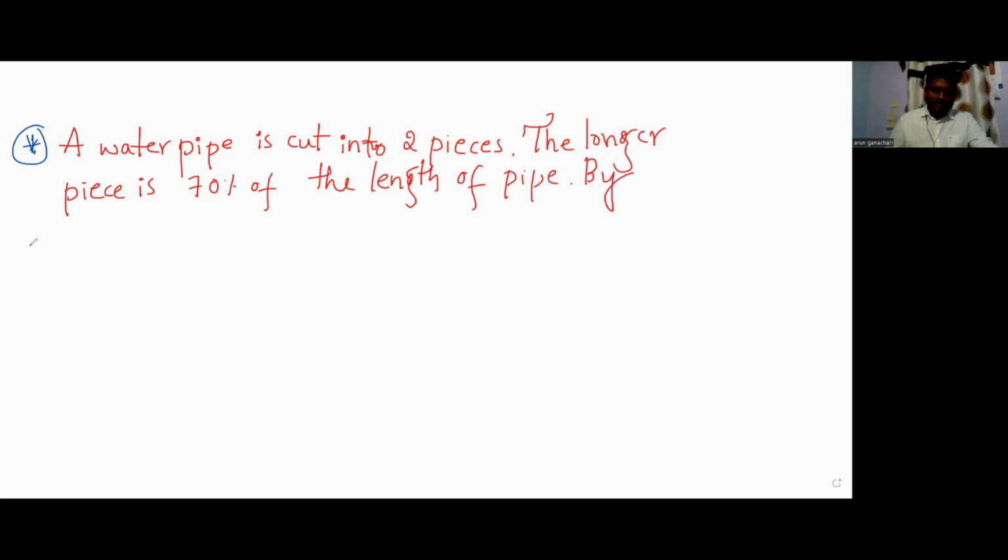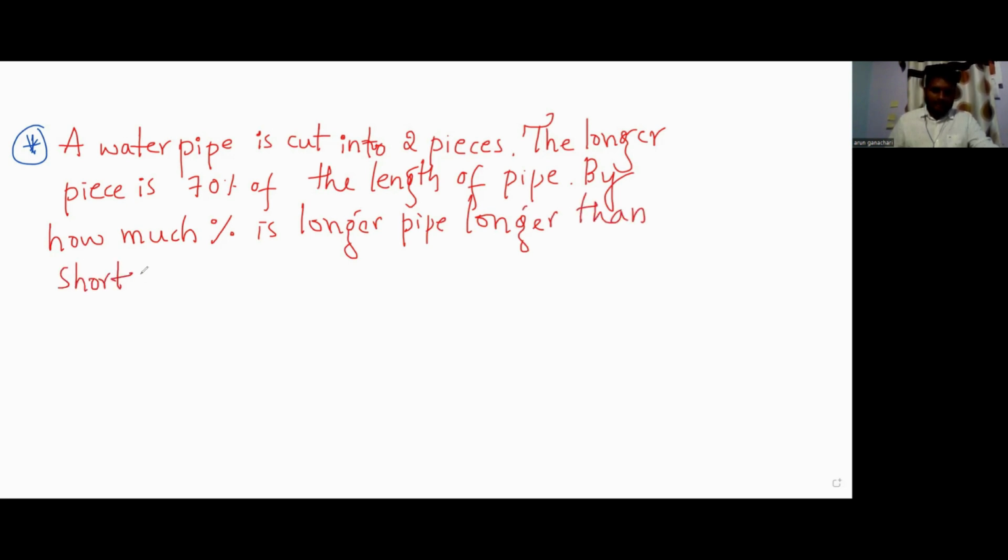By how much percentage is the longer pipe longer than the shorter pipe? Try this. If you don't get it, then I'll help you out. But try this.